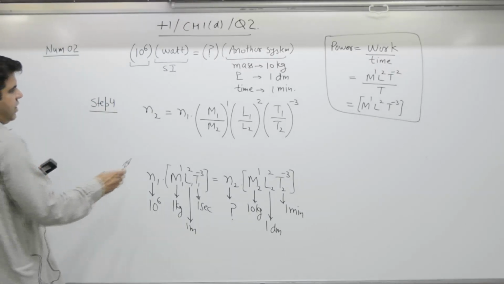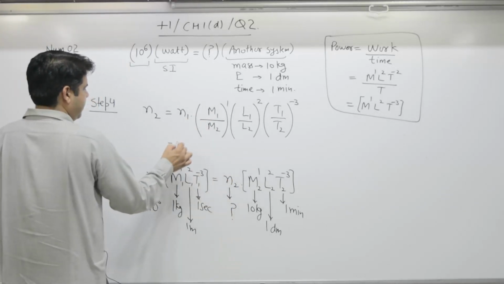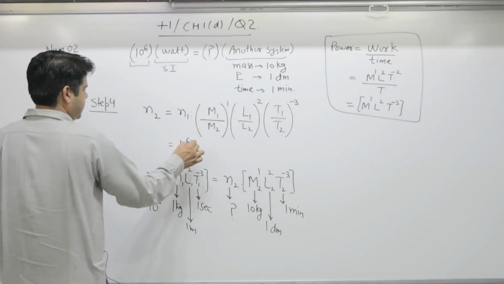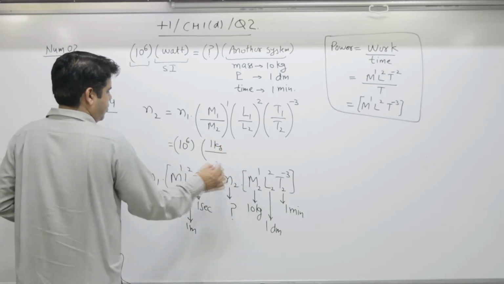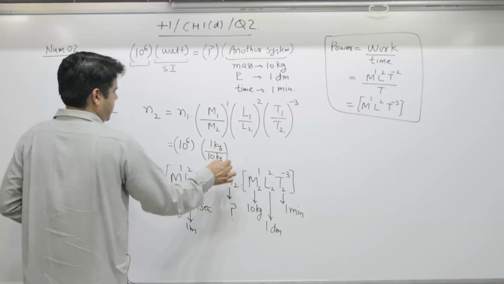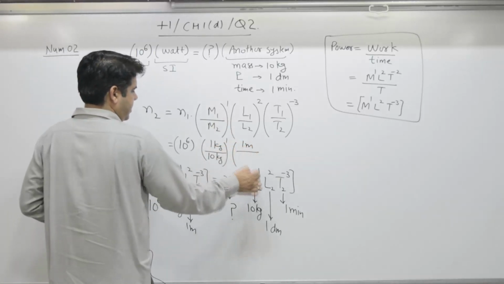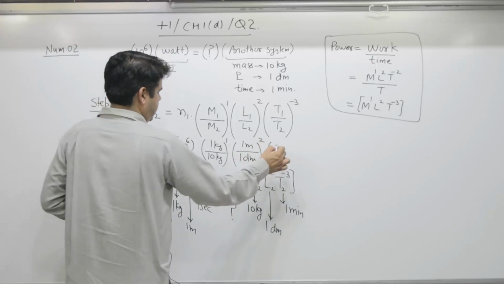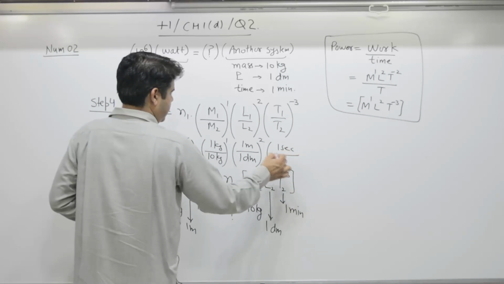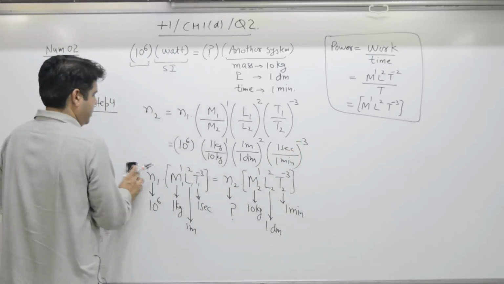Yes, M1 how much? 1 kg, M2 10 kg, N1 is how much? 10 power 6. M1 is 1 kg, M2 is 10 kg. L1 is 1 meter, L2 is 1 decimeter. T1 is 1 second. T2 is 1 minute. Per minus 3. Now solve.